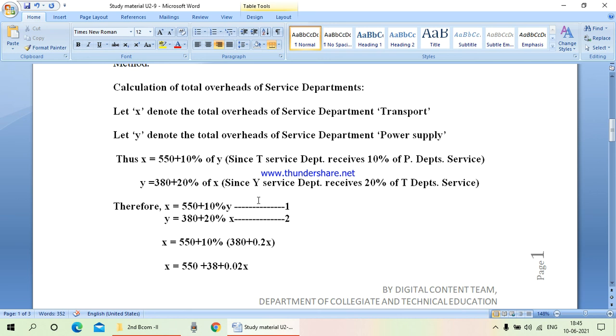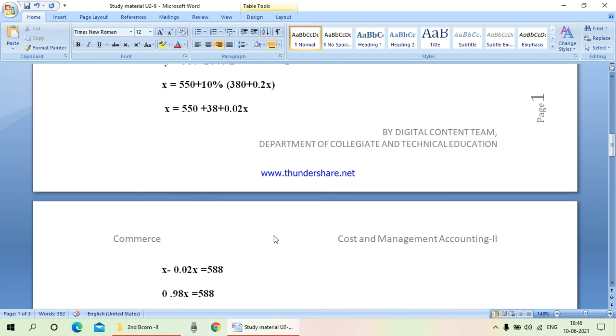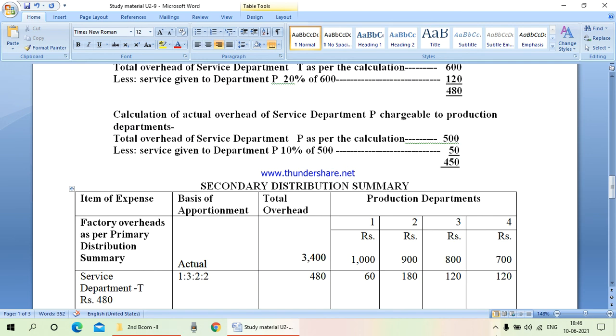After calculating its total overhead cost, then we deduct the services given to other department, so that we will get the overhead of that particular service department chargeable to production departments. That's all.